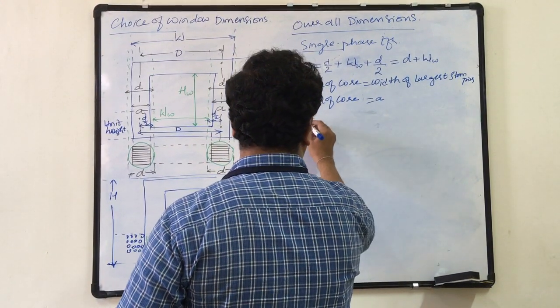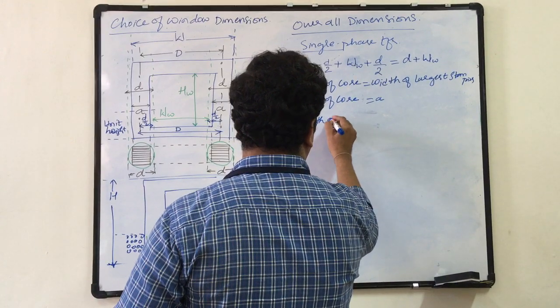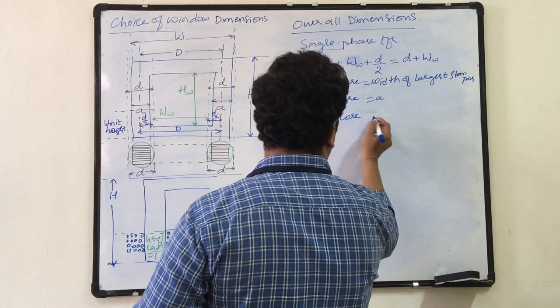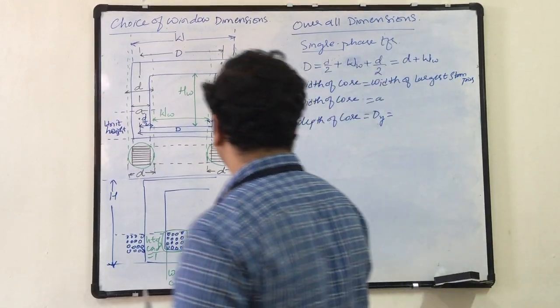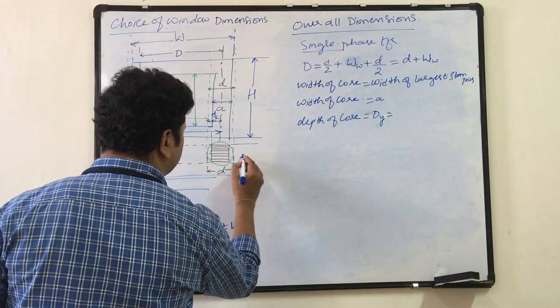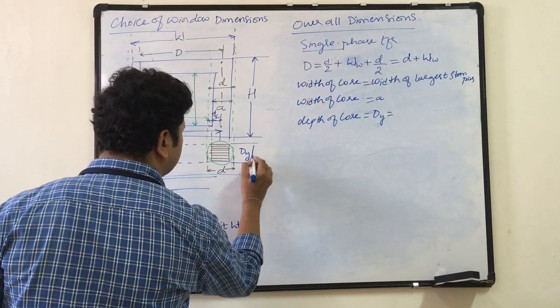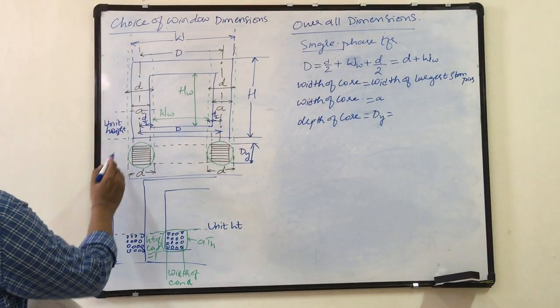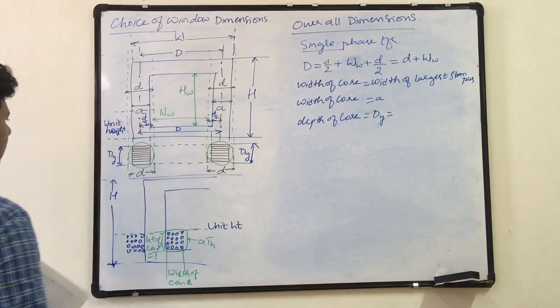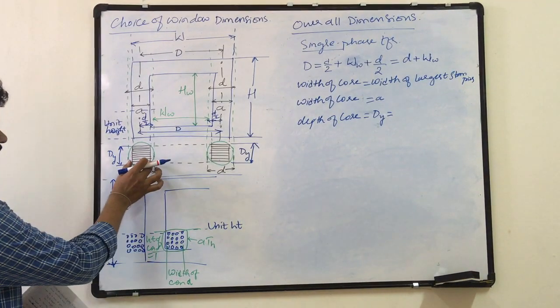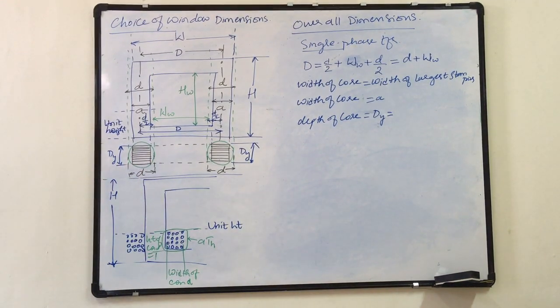Then what is depth of core? That is equal to dy. This is depth of core. Okay, so this is what the depth of core means. Whatever the width of core I get, I will get the same depth of core.